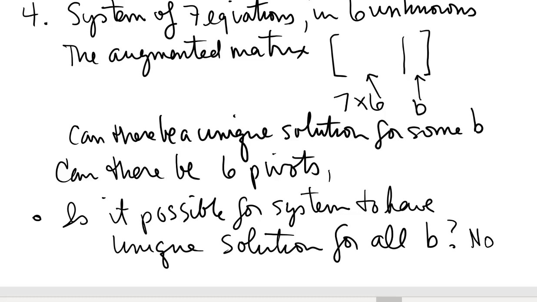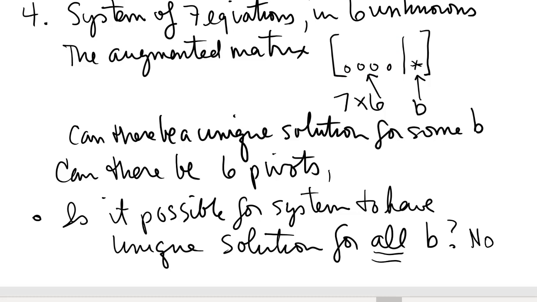The answer is no, because it's possible that I might get a row of zeros to the left of this bar in the reduced echelon form, and then a non-zero entry out here, because I'm asking about all possible sets of constants.